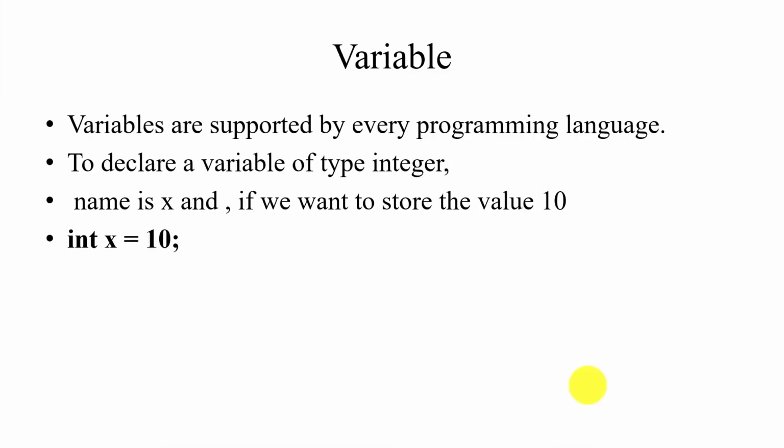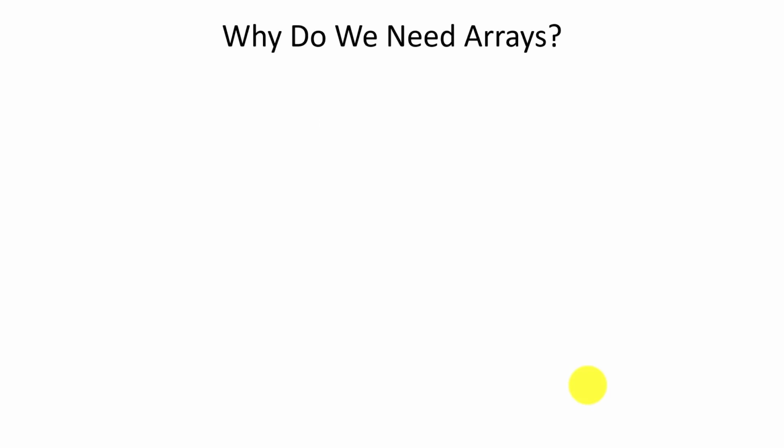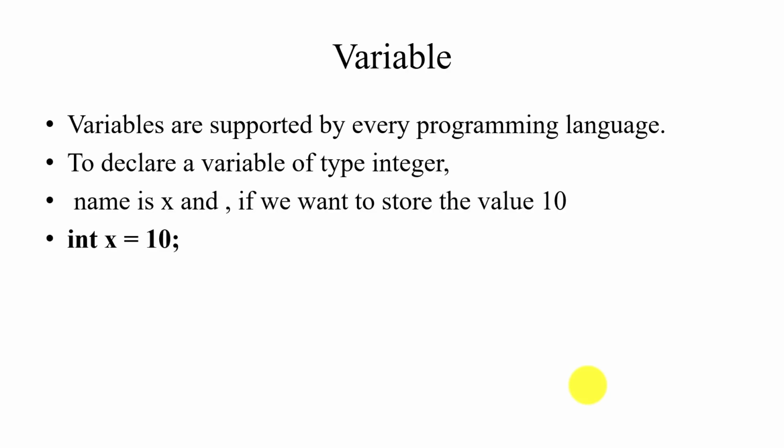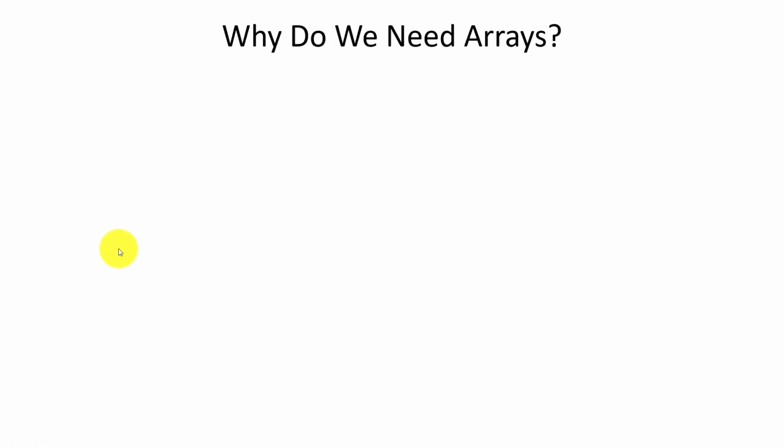But now, why do we need an array? The question arises: if we can declare variables like int x = 10, or declare variables using different data types and different variable names, why do we need an array?